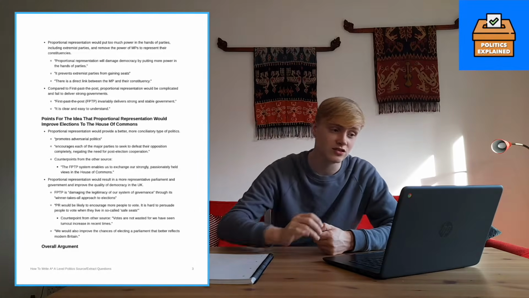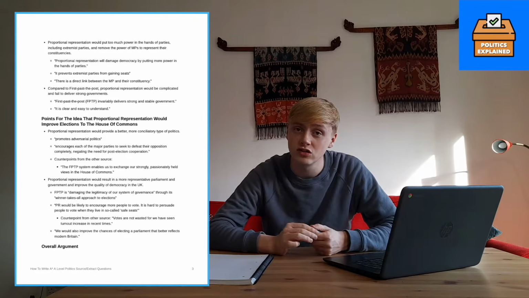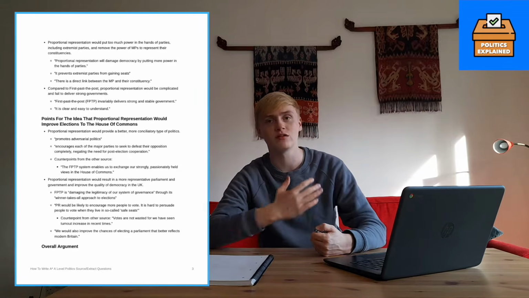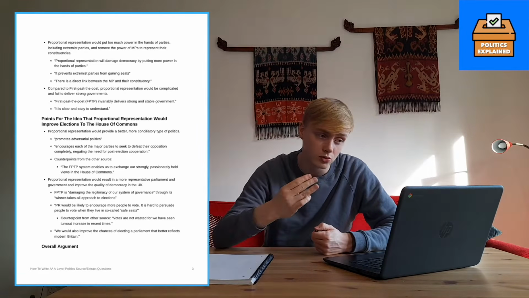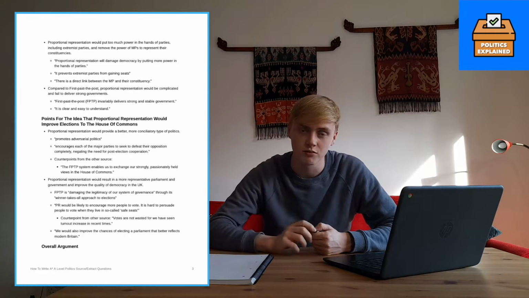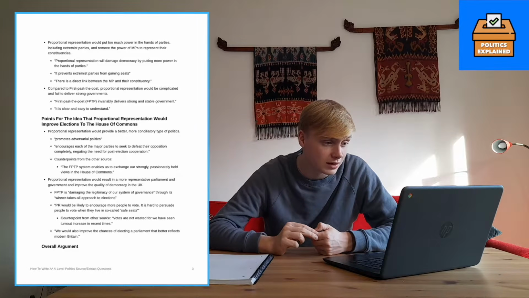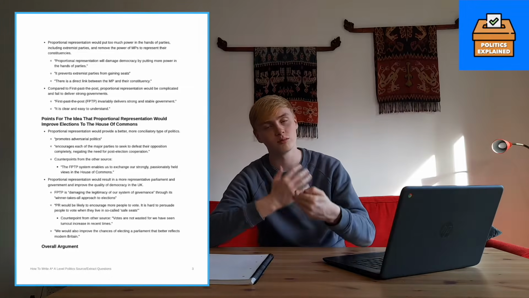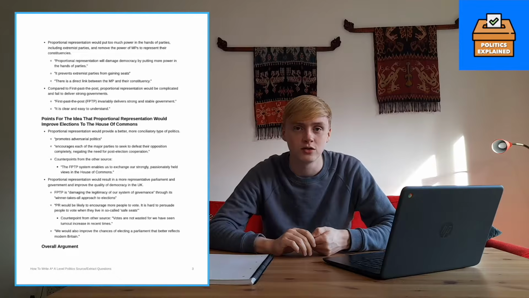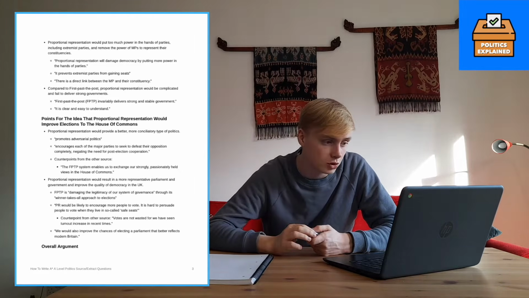Then the other source actually has a counterpoint to that, which you can use obviously in your paragraphs. You're going to want to be using counterpoints sometimes, especially if they really flow in well. Because Double explicitly addresses it, in the other part of the source, saying the first past the post system enables us to exchange our strongly, passionately held views in the House of Commons. So that's promoting the style of politics of first past the post in a more positive light. So it works quite well in planning a counterpoint.